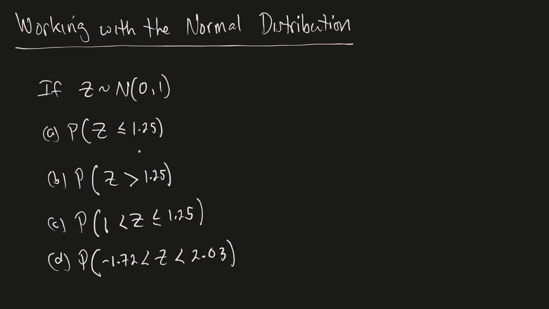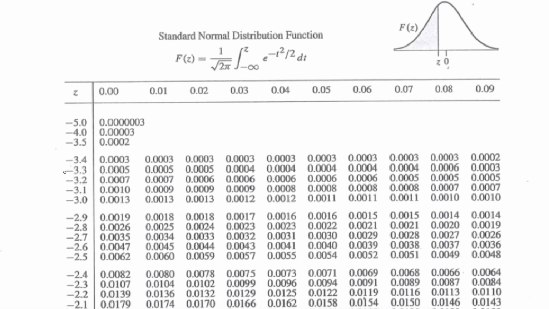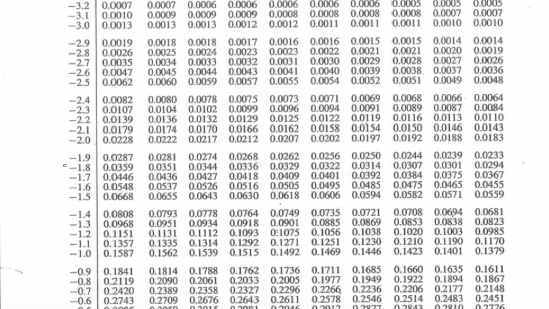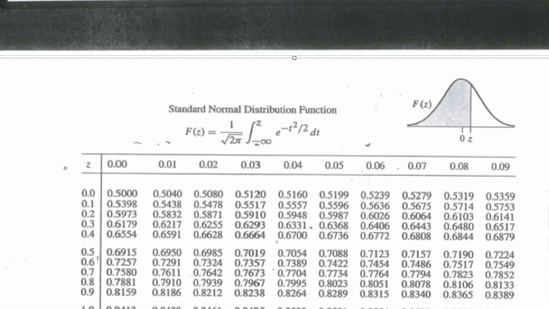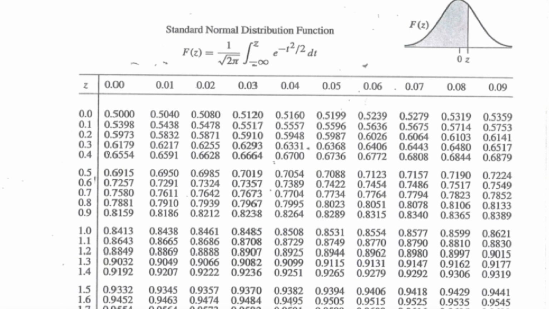Let's go back to our list to see what the first probability is asking us to find. It's asking for the probability that Z is less than or equal to 1.25. If we switch back to our table, 1.25 would not be on this page because it has negative z values. On the second page, it switches over to positive values, and we are looking for 1.25.